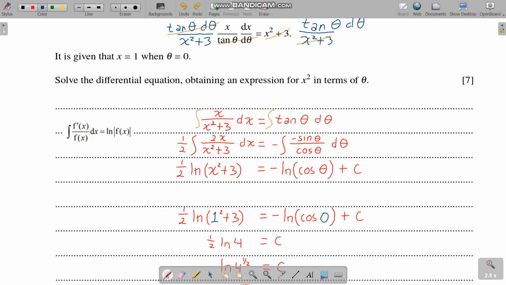Here you see the denominator is x squared plus 3. The derivative is 2x. So that's why we have to adjust a little here. We multiply by 2, but we also multiply by 1/2, so we are not changing the question actually. But now the numerator happens to be the derivative, the f prime of the denominator. Now we can integrate this using this formula.